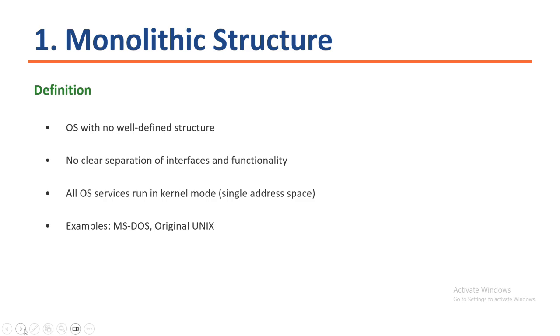Then no clear separation of interfaces and functionality. The different parts aren't clearly separated, they are mixed together. The interfaces and functions are not clearly separated. All operating system services run in kernel mode.